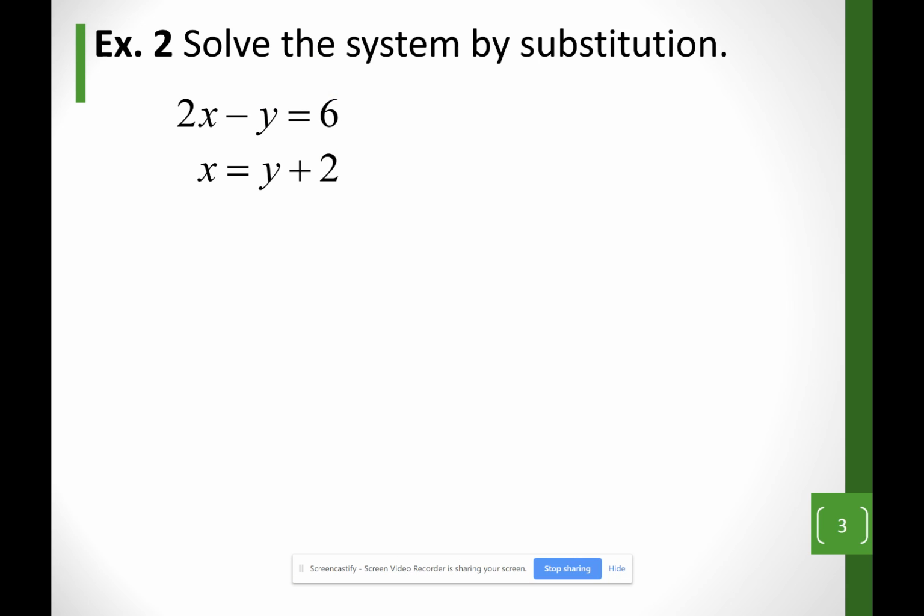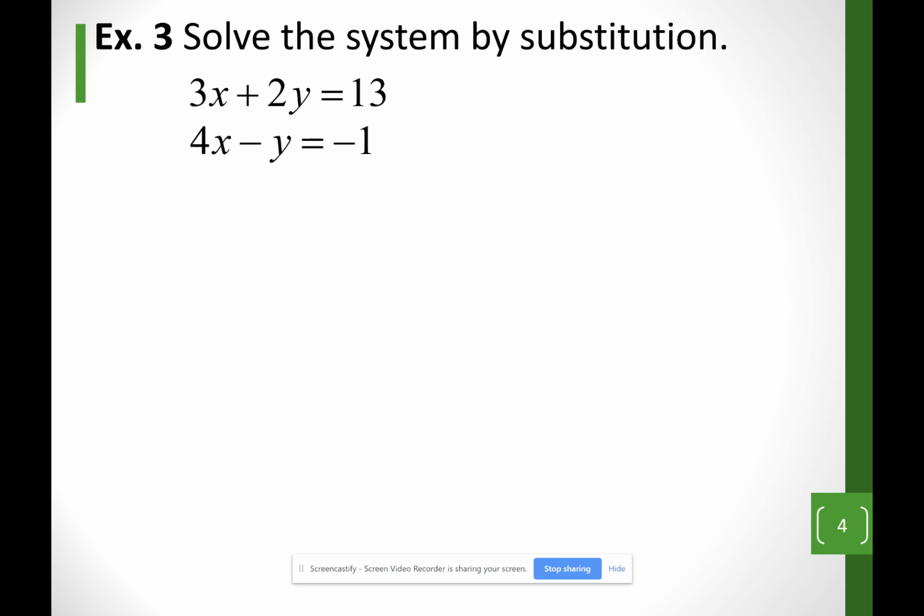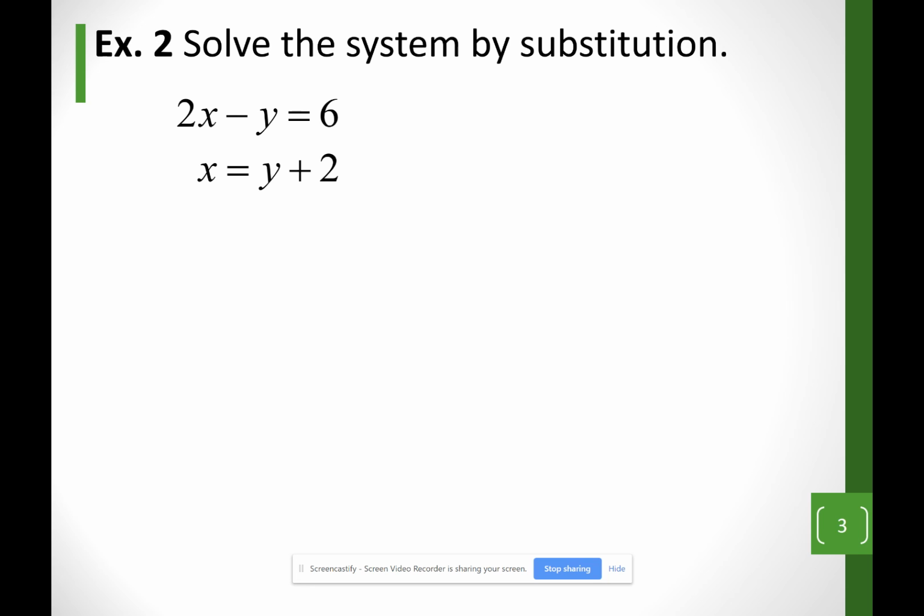We're going to look at substitution now. Technically, we could do graphing. I have one of my equations, 2x minus y equals 6. I could change the second one as negative y plus x is equal to 2, and I can graph these. But we're going to learn substitution.